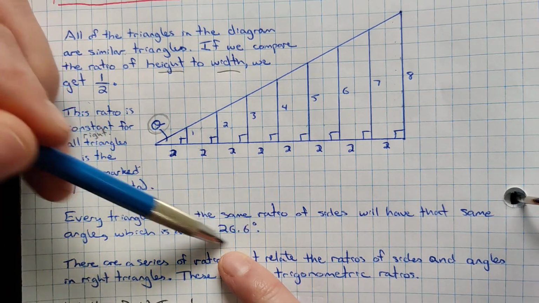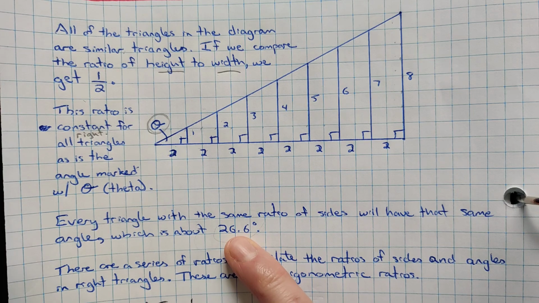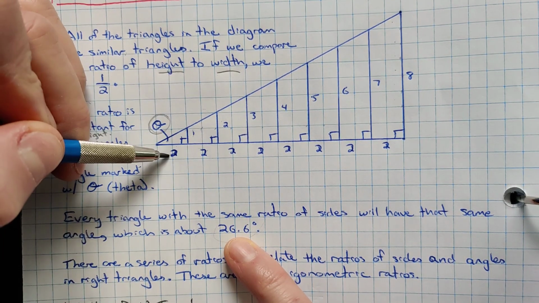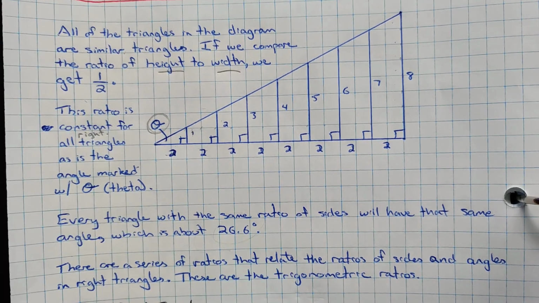What we know here is that this angle would be about 26.6 degrees. And so every right angle triangle with an angle of 26.6 degrees, the opposite and adjacent sides, which we're going to talk about in a second, will have that ratio of 1 to 2.